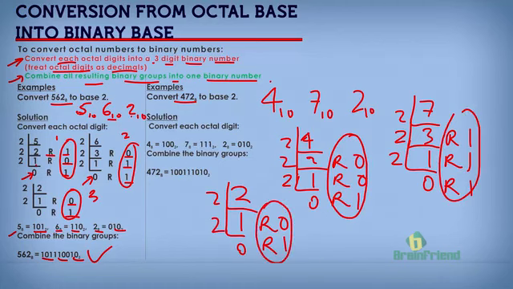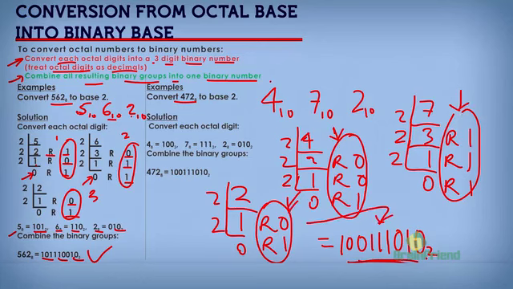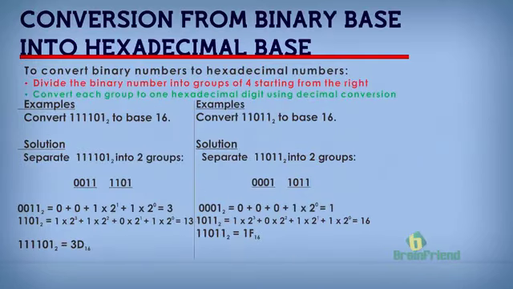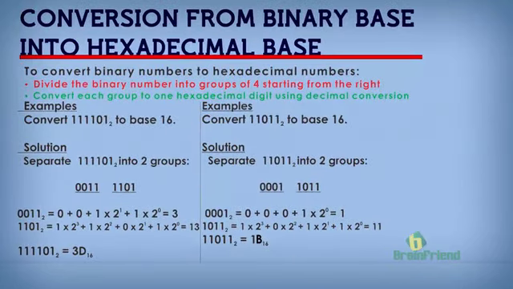We combine them to have our answer, and that will be 1, 0, 0, 1, 1, 1, and 0, 1, 0, all in base 2. So 472 base 8 is same as 100111010 base 2.